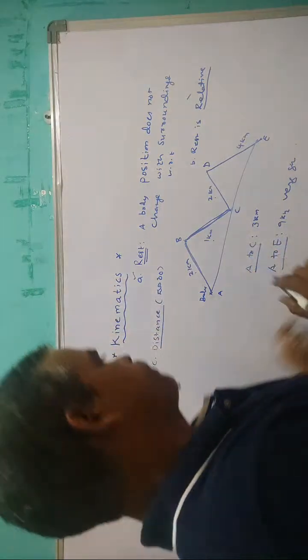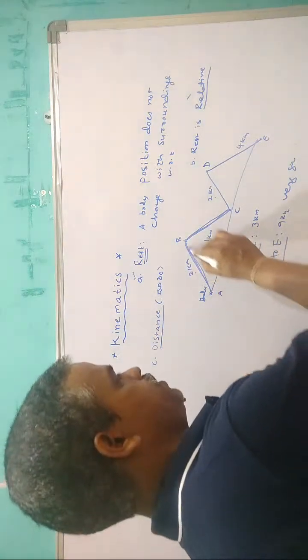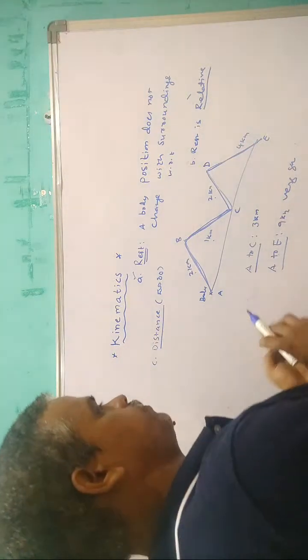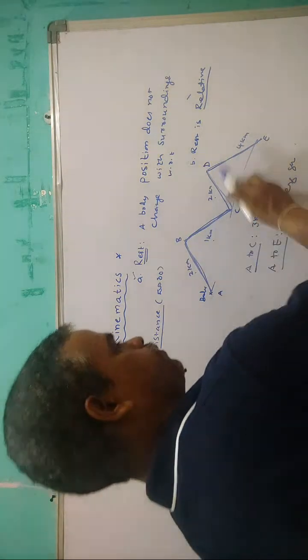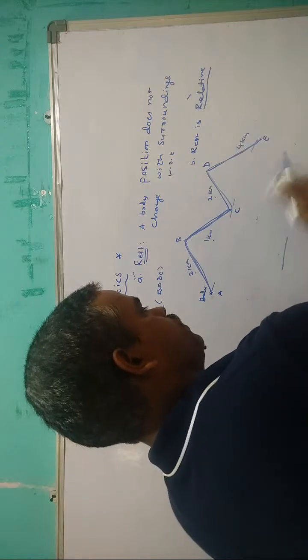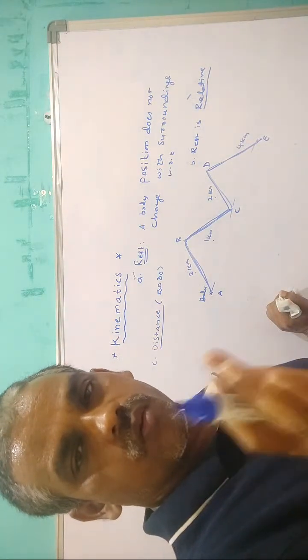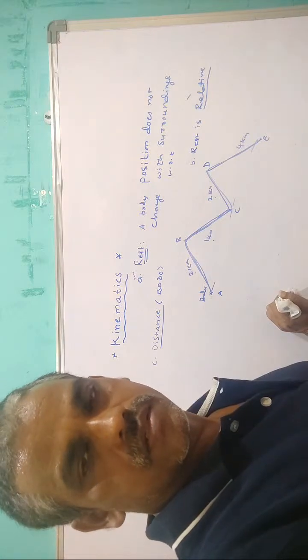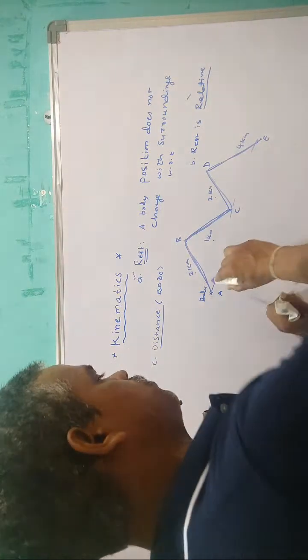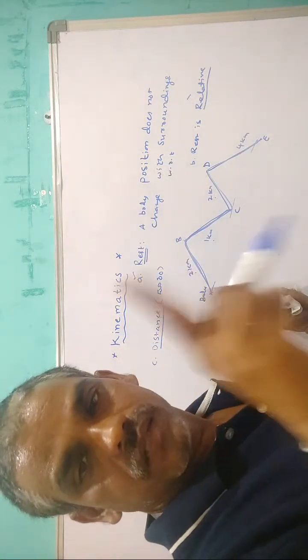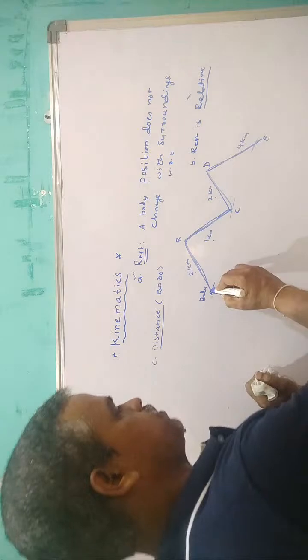That means distance means A to B, B to C, C to D. So when we calculate distance, you have to add all the path length. What is path? This is the path.